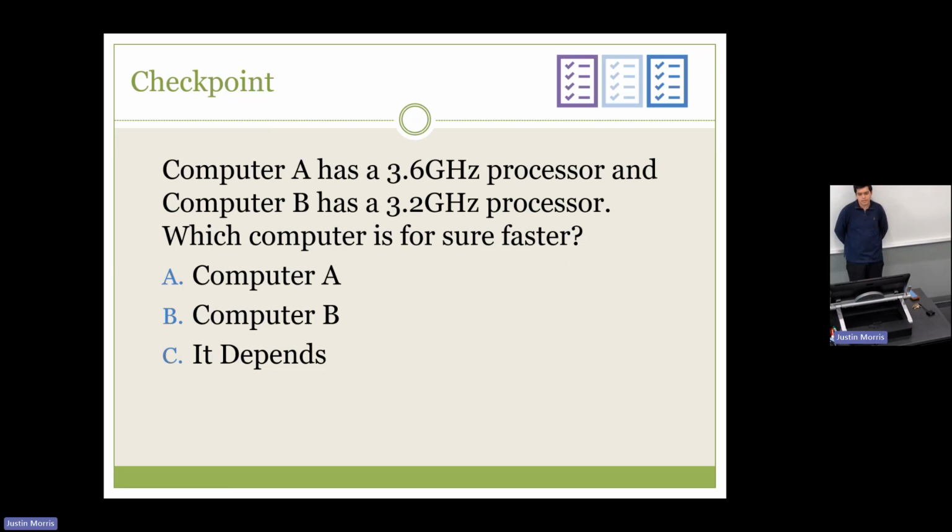So, does anyone want to advocate for A? It's because it's a greater number, that means you were dividing by a smaller clock rate. So I was thinking, just based on that fact alone, then it'd be for sure faster. Okay, anyone want to advocate for B? I would imagine no one. No one answered B. Okay, what about C?